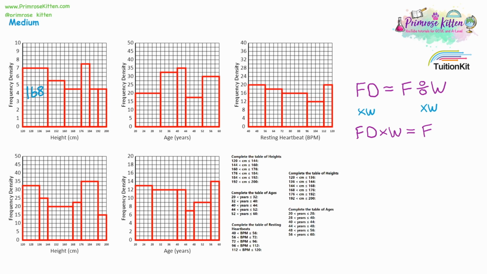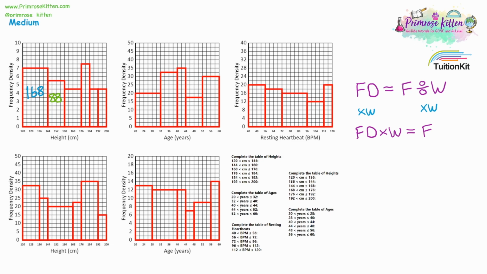Multiply it by the height, which looks like 5.5 on the graph. So 16 times 5.5 is 88. So we're saying that 88 people have a height in that range of values in between 144 and up to and including 160.